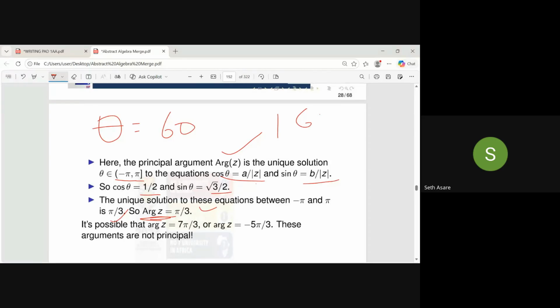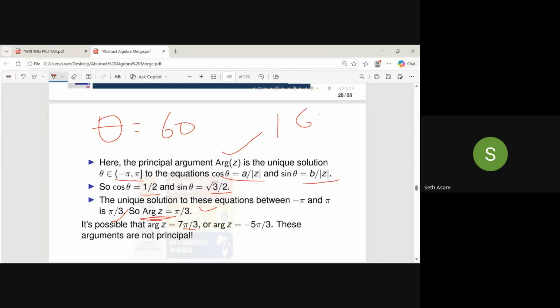But remember, this is not the only answer that it will produce. It's possible that when we have this, 7 pi on 3 is also one of the angles. Negative 5 pi on 3 is also another one.